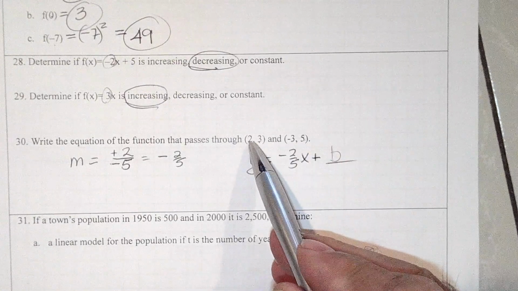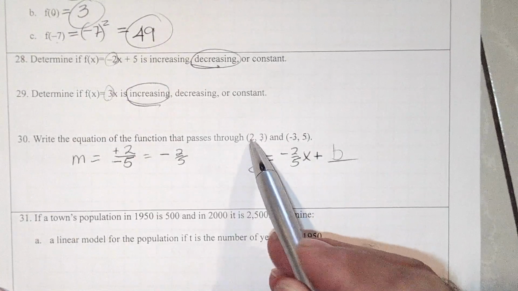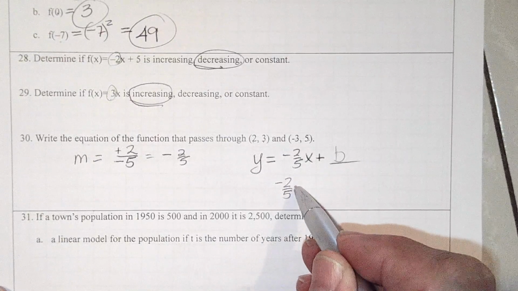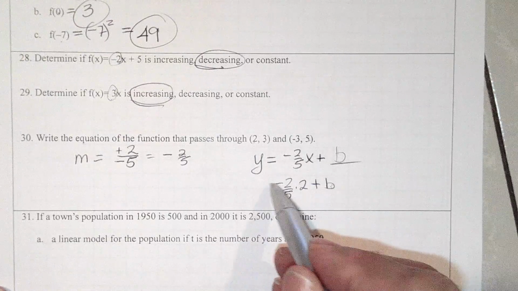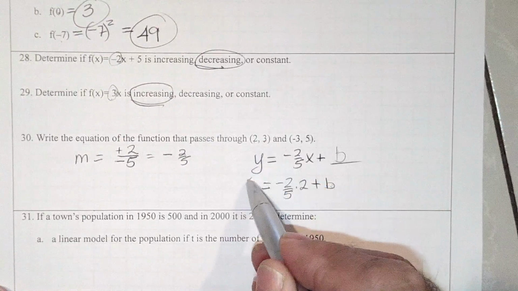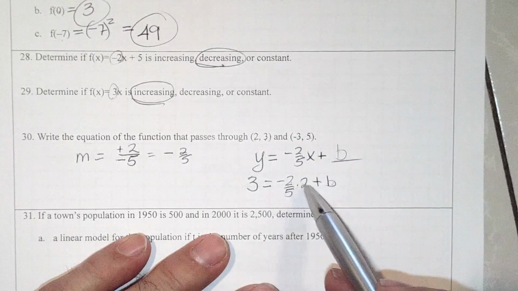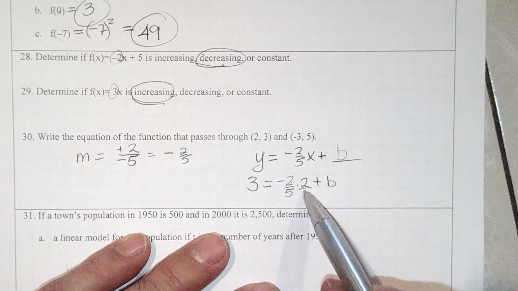So I can either put in 2 or the negative 3 for x. I'll just choose 2. So I'm going to write negative 2/5 times 2 plus something that I'm trying to figure out. It's got to come out to be 3. So negative 2 times 2 is 4, negative 4, and 5 times 1 is 5.